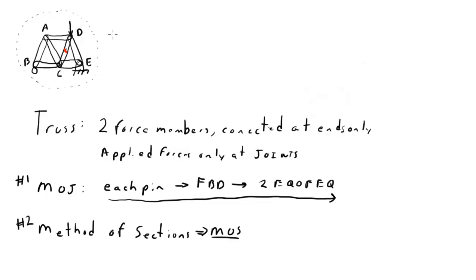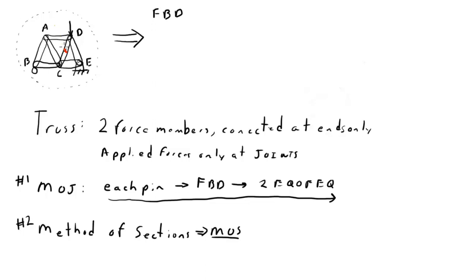So just like before, we're going to take our real-world situation and we're going to draw some free body diagrams. Well, this time, instead of picking out the joints at A and C and E and D and B, we're going to do what we call section this truss.